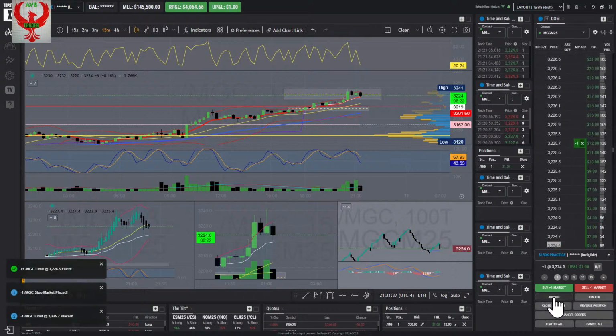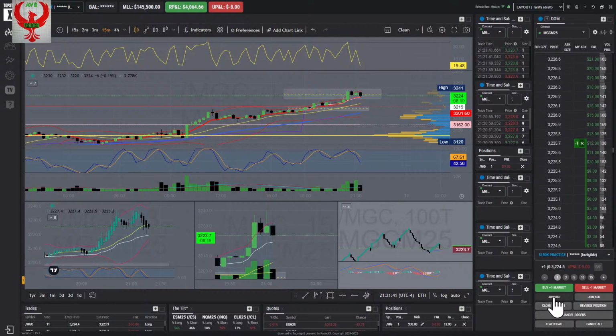That's better than 95, whatever the statistics is. And then you just scale up. 10 points a day on average with two micros turns into $40 a day. That could be life changing for many people. It doesn't seem like much on a day, but it adds up.